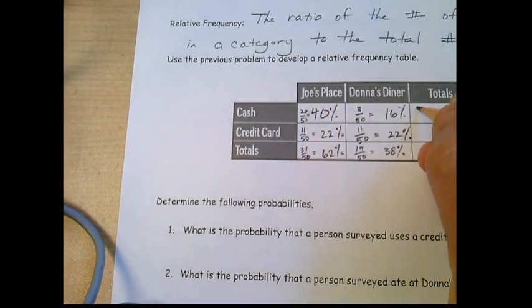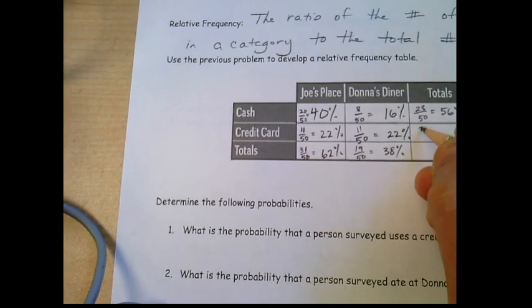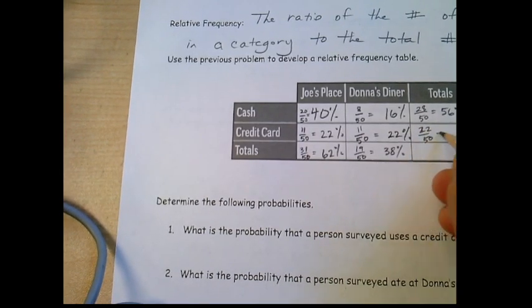If we add the 20 and 8, that gives you 28 out of 50, which is 56%. 11 plus 11 equals 22 out of 50, which would equal 44%. And then 50 out of 50 would equal 100%.